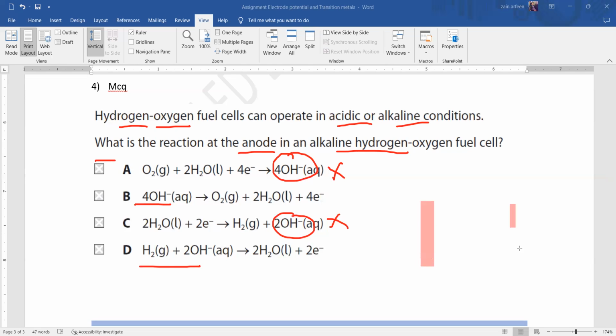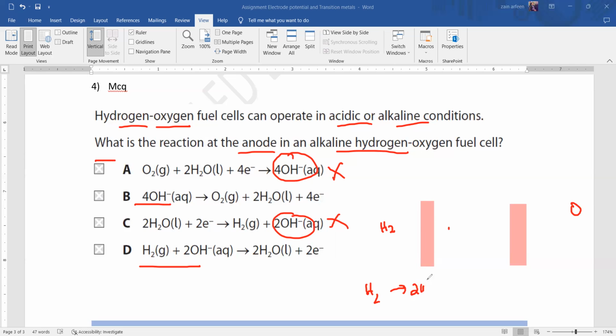We have electrodes, and the hydrogen molecule is there.